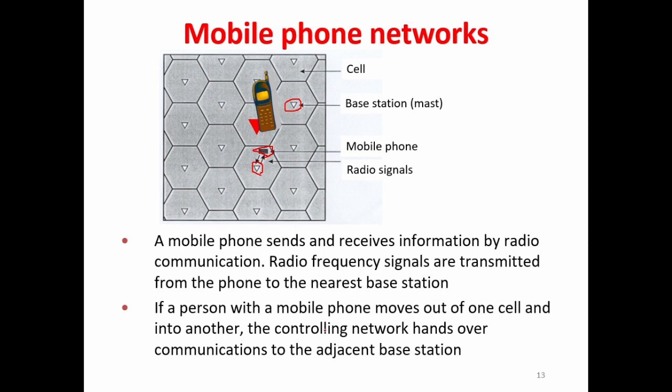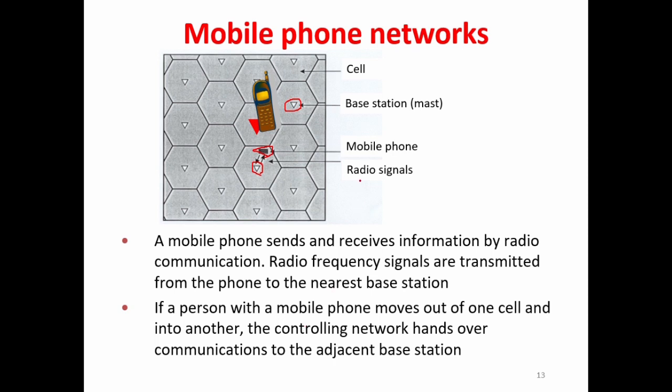This switching is the controlling network handing over the communication to the adjacent base station automatically. So you don't realize this issue. But sometimes when you are walking from one place to another, the connection is interrupted. The reason is that once the switching is happening, the new cell does not recognize the signal, and there is some problem in the switching between two different base stations.